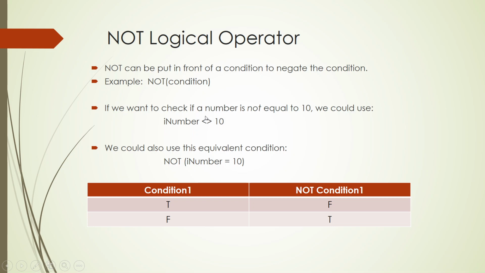I could have said, if I number not equal to 10, equivalent to that using the NOT operator, I am now using NOT I number equals 10. If this condition is true, the NOT operator converts it to false. If the condition is false, using the NOT operator, it converts it to true.